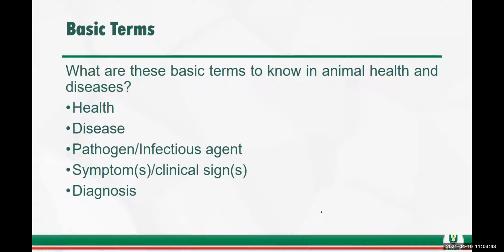Then you begin to see certain signs showing from that disease because of the pathogen. And of course, how do you now get to resolve all these problems of disease, pathogen, and the symptoms? That is what we call diagnosis.